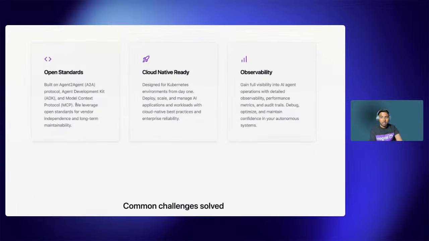Using open standards, we can make it vendor independent for long-term maintainability, and it also helps with interoperability, because since there is no vendor lock-in, you can interoperate between multiple tools and multiple cloud native technologies.